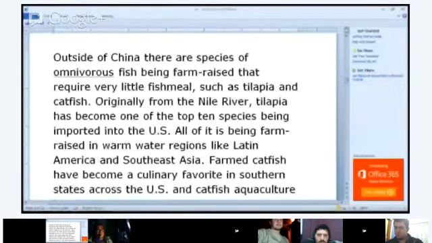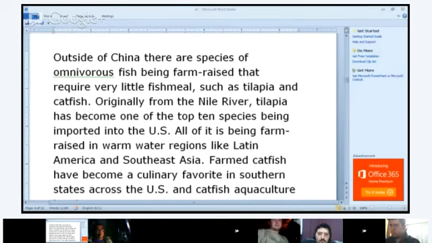Okay, so great. And so, Osan, could you please read this for us? Which part? It begins with "outside of China." Outside of China, there are species of omnivorous fish being farm raised that require very little fish meal, such as tilapia and catfish.